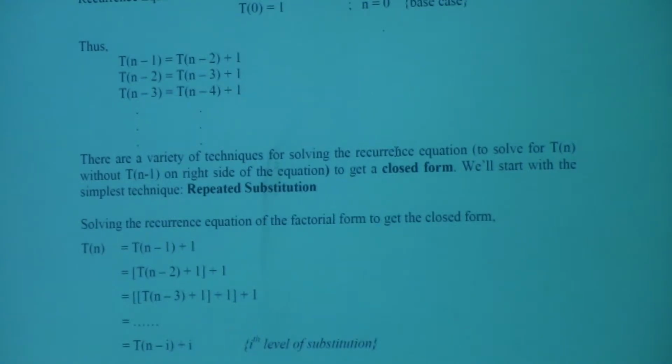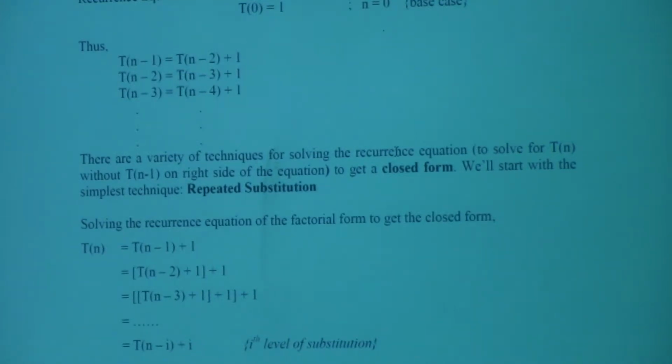Once I do that, I look at T(n-2), and I say, hey, I have a value for that: T(n-2) is T(n-3) + 1. I put on the inner bracket the value of T(n-2). I have done the substitution 3 times: from T(n) to T(n-1), expanded twice, expanded 3 times. When I do this 3 times, it's usually enough to try to see the pattern.